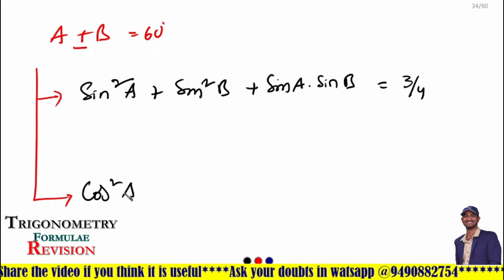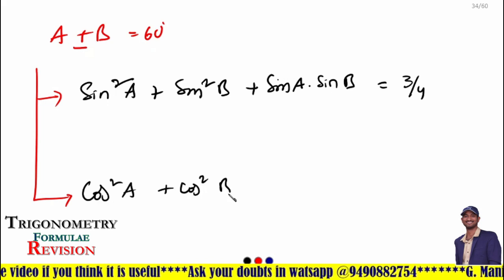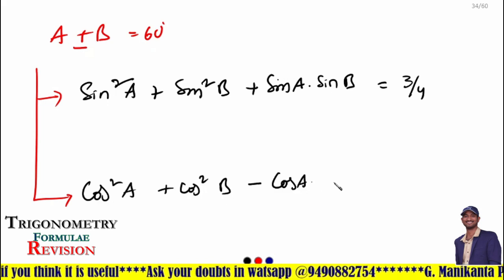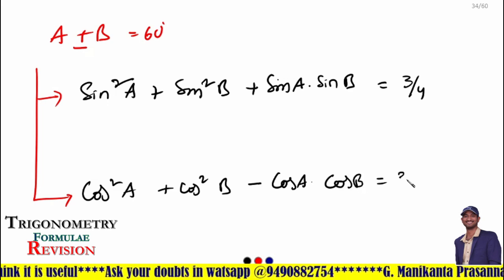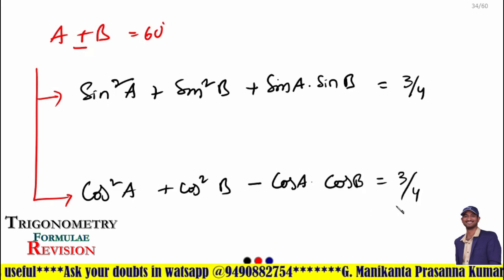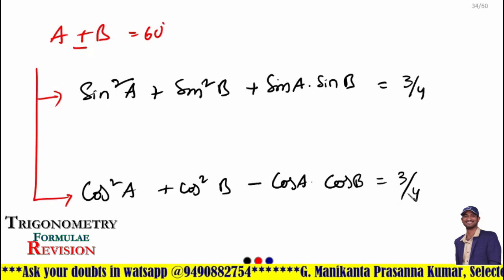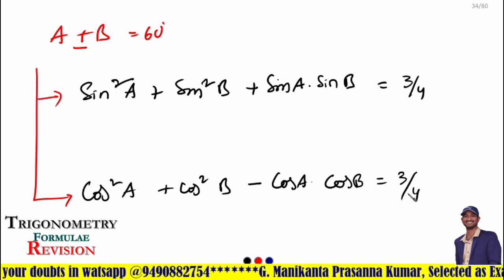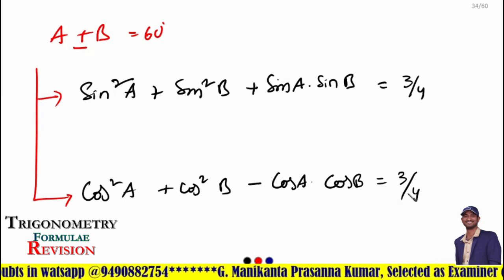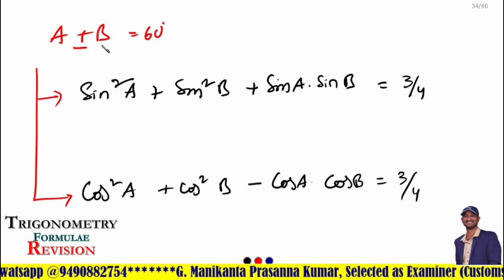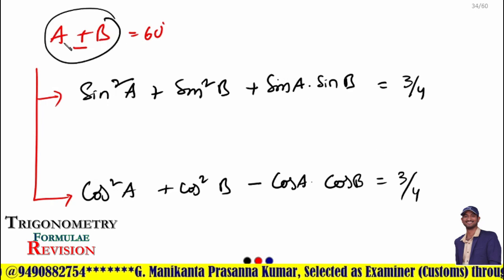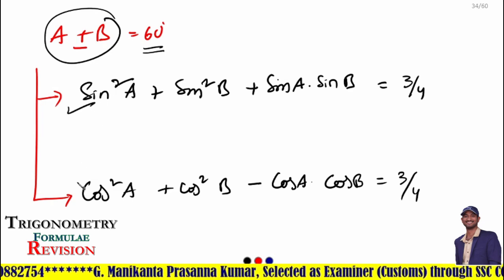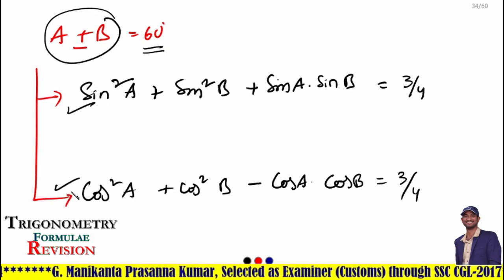And cos square A plus cos square B minus cos A cos B is also equal to 3 by 4. For each formula I already proved in my class notes. Okay, anybody want, please purchase it. So whenever two angles sum or two angles difference is 60, then these two formulas are important in case of sine and cos.